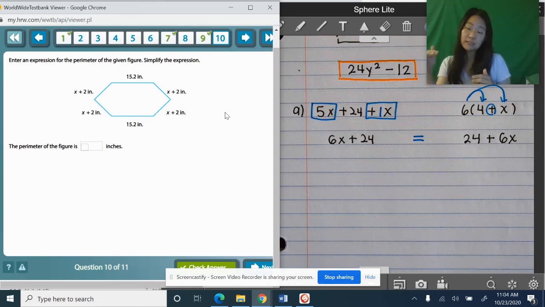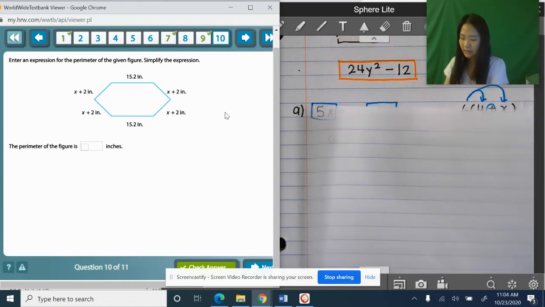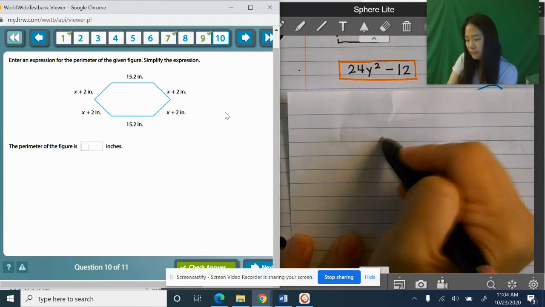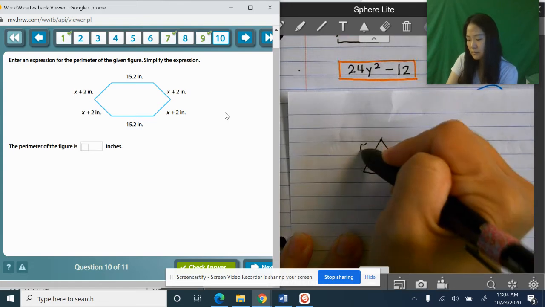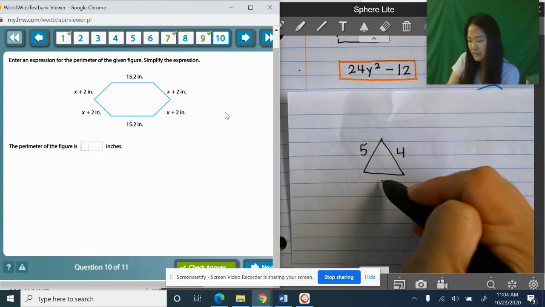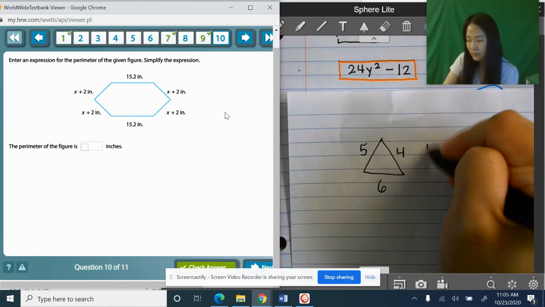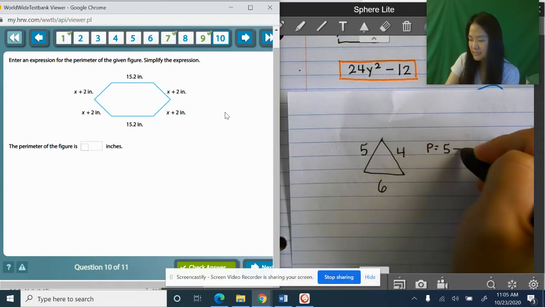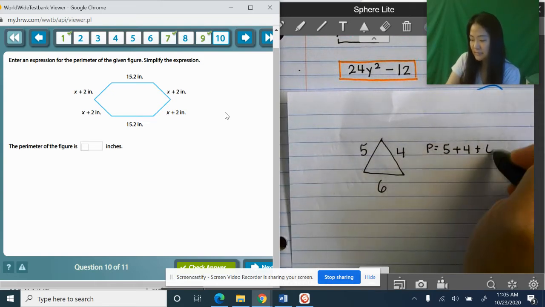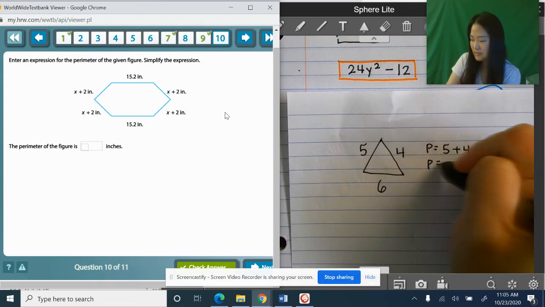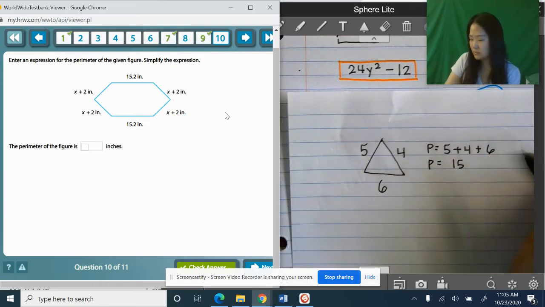So if you know the distances of the polygon, you add them up, and that's the perimeter. Let's say you have a triangle, and your distances are something like this. Then the perimeter would be 5 plus 4 plus 6, which makes it 15 units.